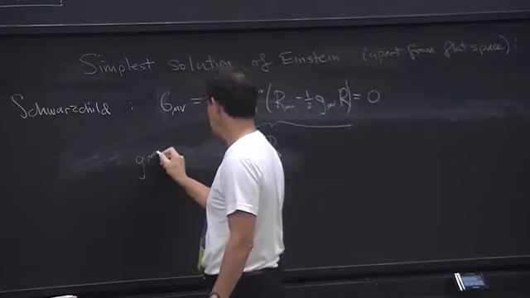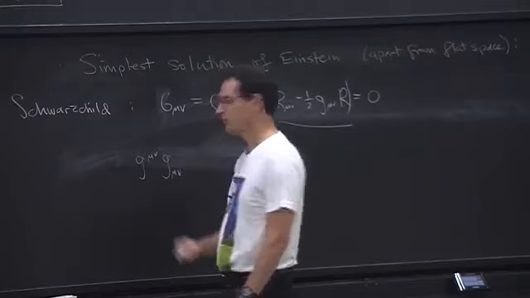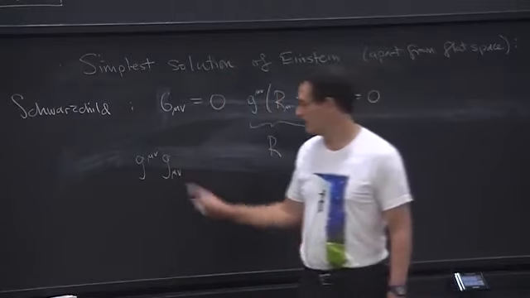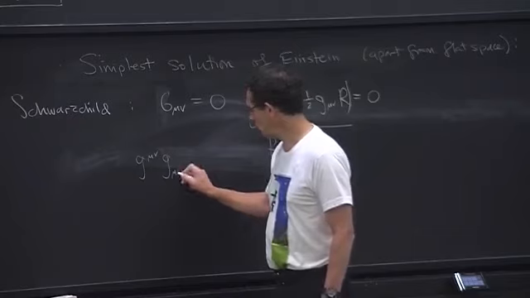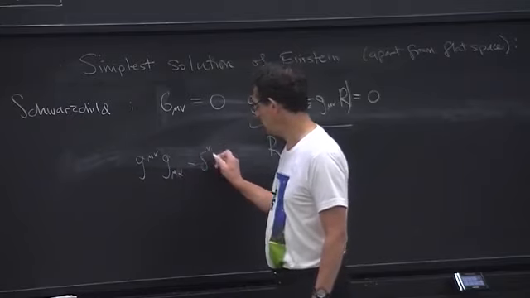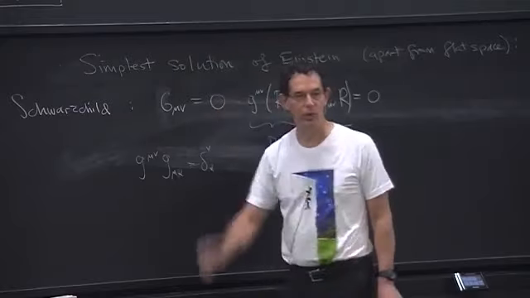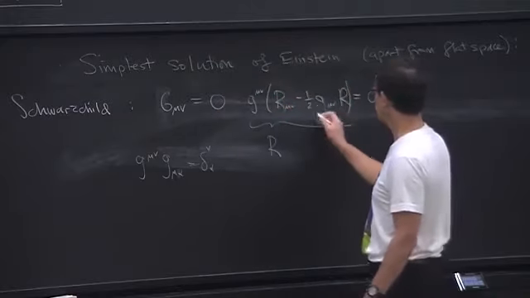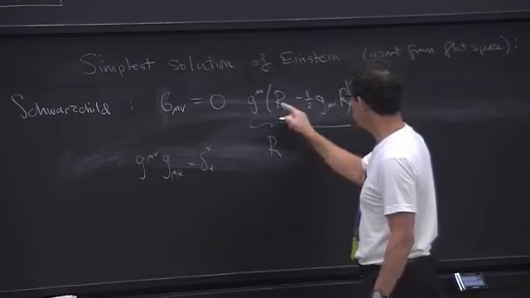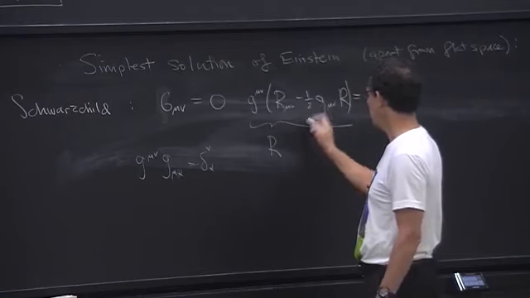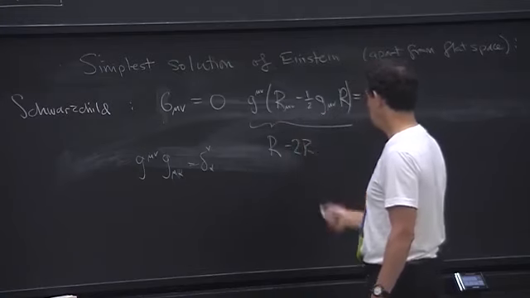It's 4, right? Because g mu nu, g mu alpha is delta nu alpha, and delta alpha alpha just means you sum the alpha from 1 to 4. So this is equal to 4. So what you get is R from this term, and then minus 2R from that term.